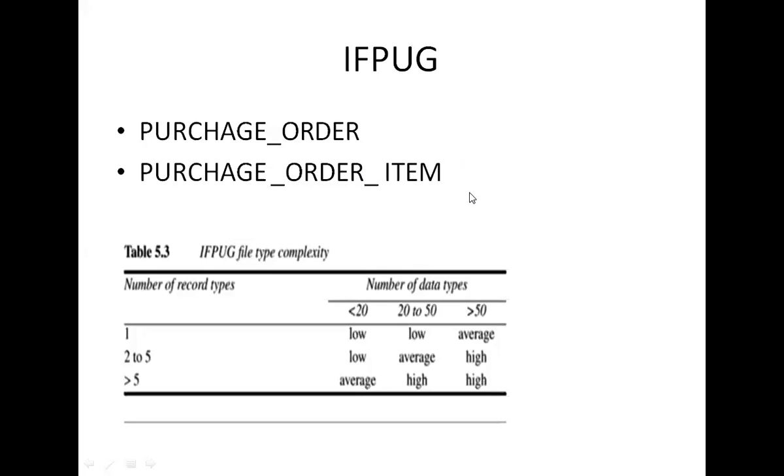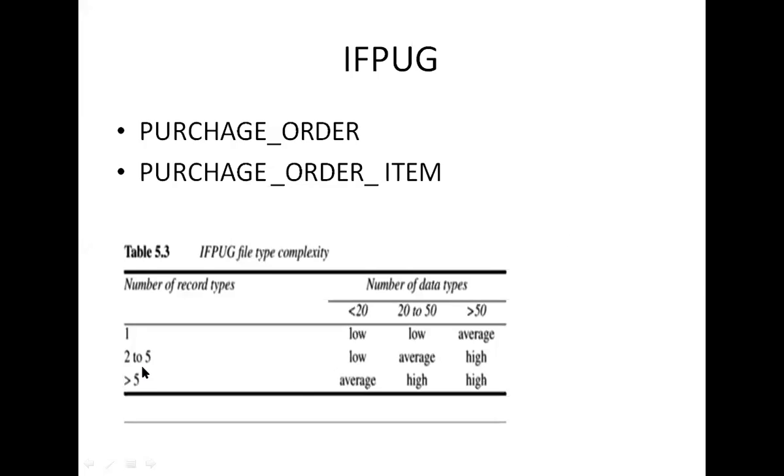Then in purchase order item, the data types are product name, price of the product, and number of items ordered. These are the three data types.